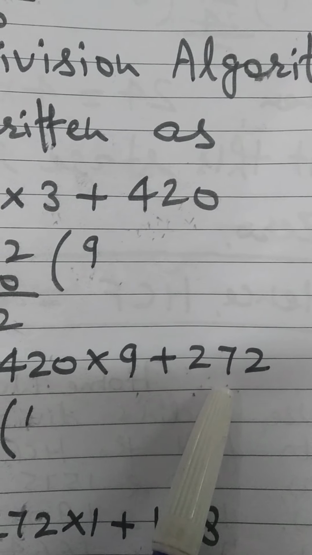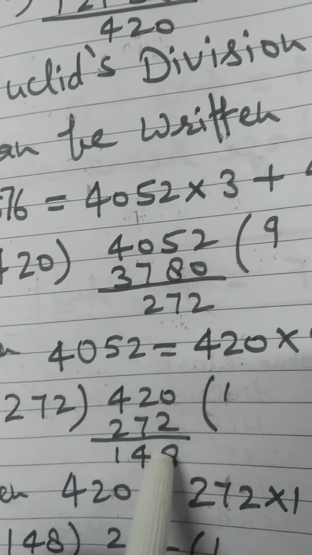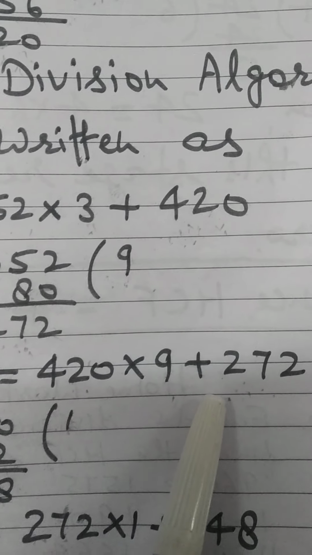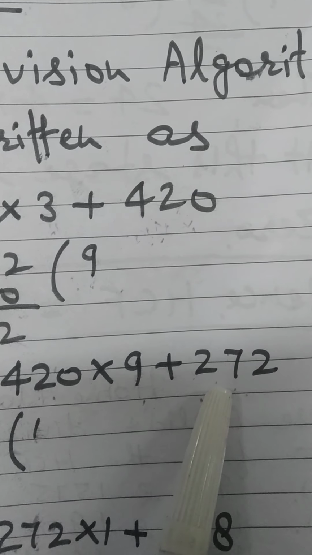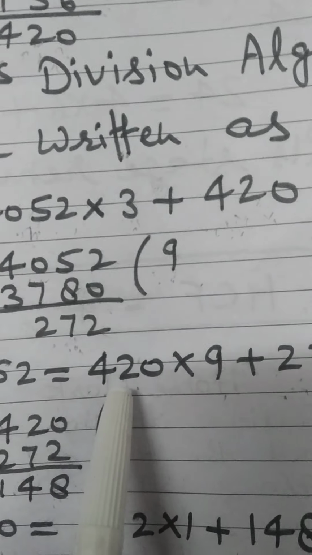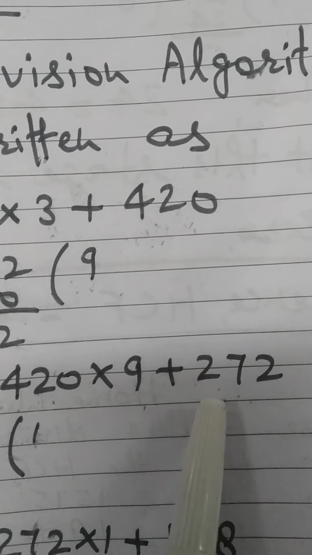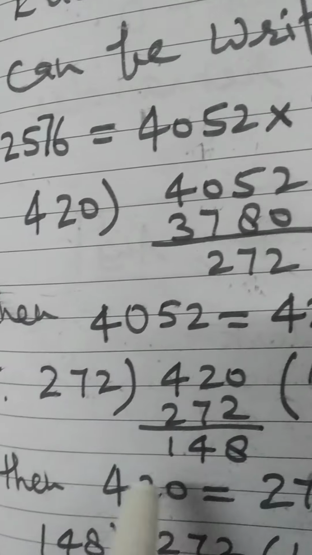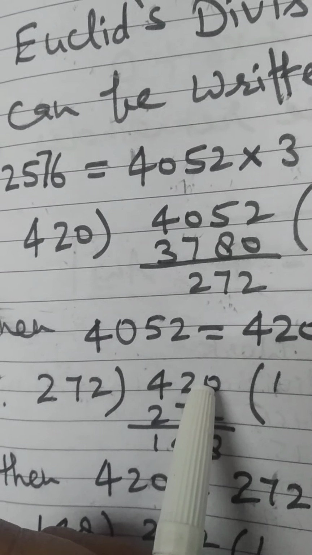Value of remainder is 272. Continuing this process, I will take two numbers 272 and 420. I will take 272 as divisor and 420 as dividend.